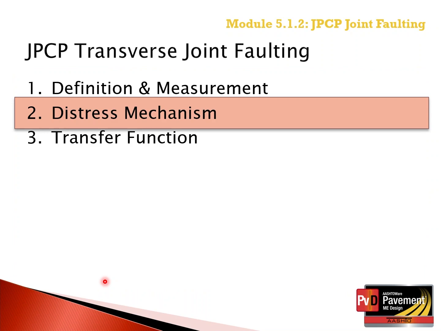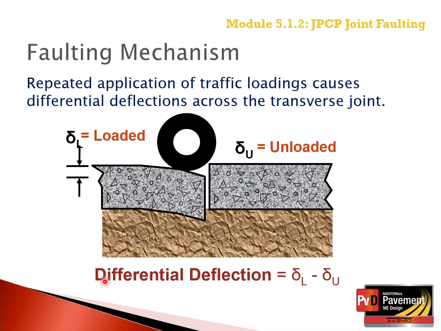Now let's overview and discuss the distress mechanism for predicting faulting of transverse joints. Faulting is a result of repeated heavy traffic loads that cross a transverse joint, causing a differential deflection between the loaded and unloaded slab edges at the transverse joint.